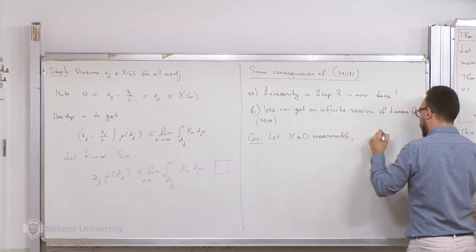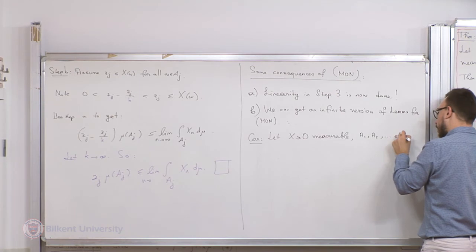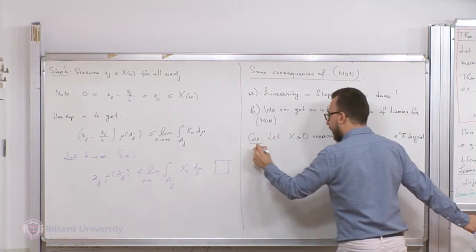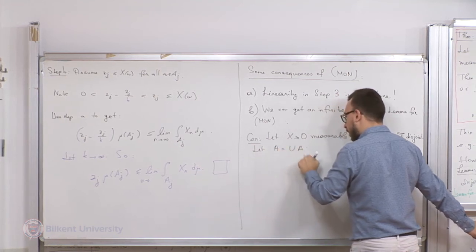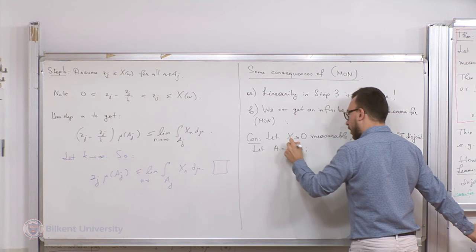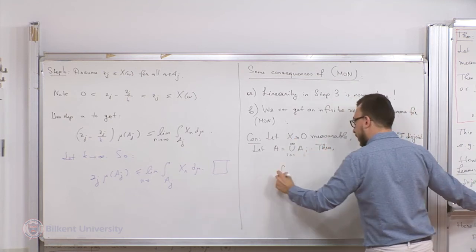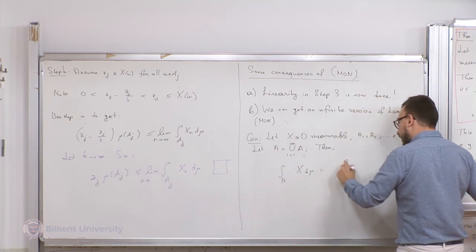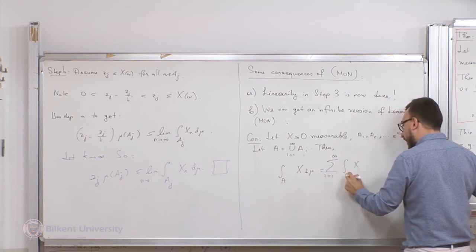And you have disjoint sets, A1, A2, and so on. Let us define their union as A, okay? Then we have the integral of x over A is equal to the sum of the integrals of x over the Ai's.